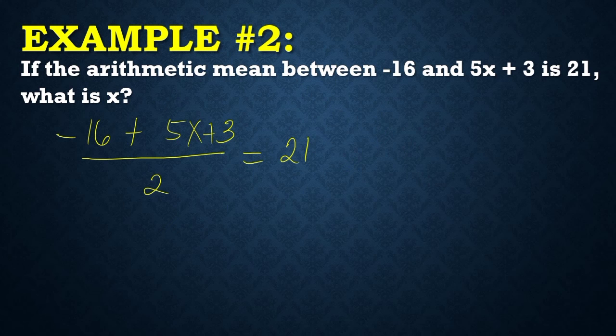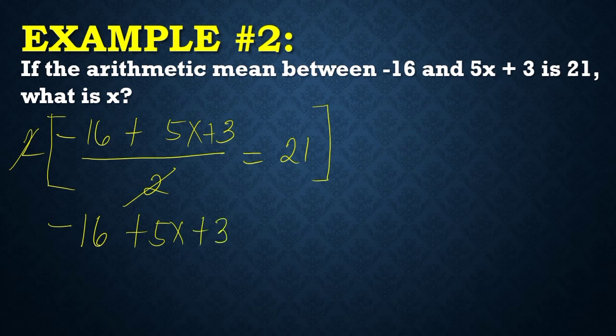And then, i-multiply natin yung equation sa LCD na 2 para mawala yung denominator. Now, so itong 2 na to, makakancel pati yung sa denominator na 2. Next, magiging negative 16 plus 5x plus 3 is equal to yung LCD natin na 2, i-multiply natin sa 21, which is 42.